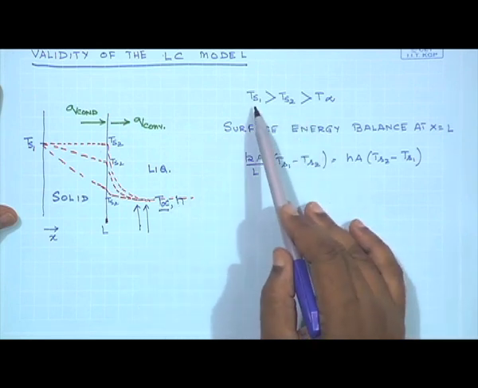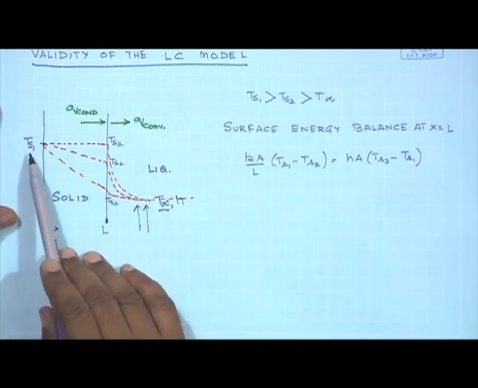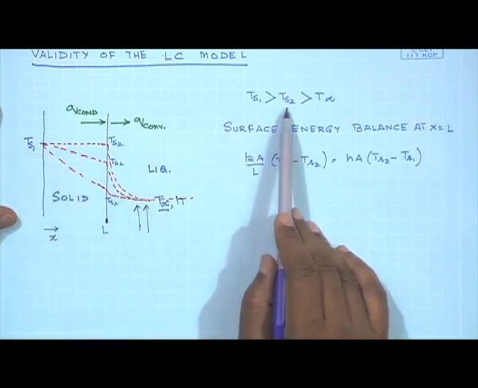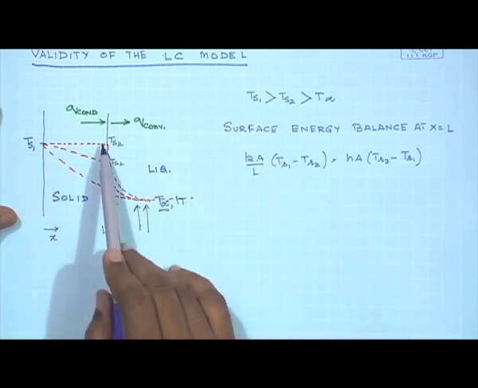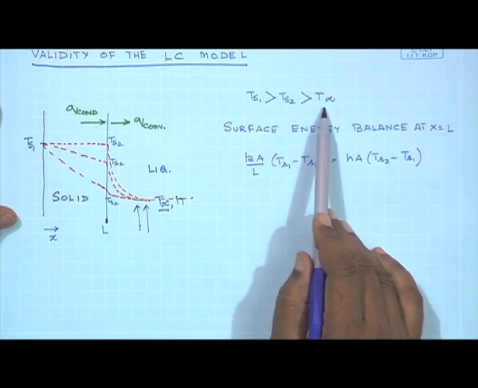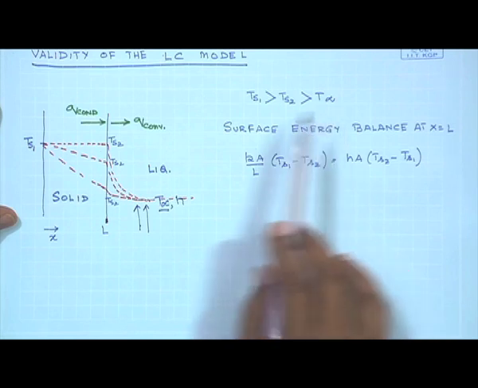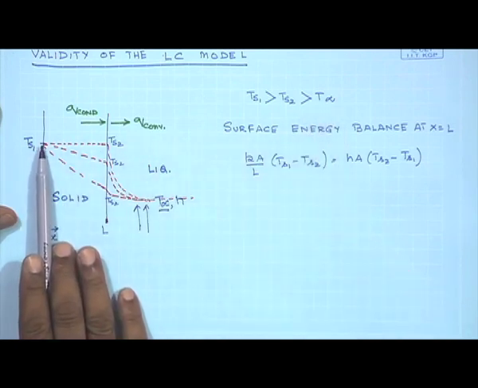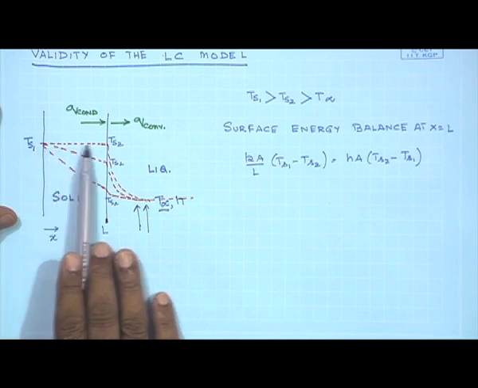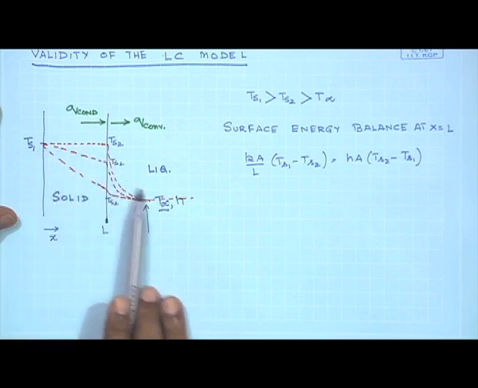And it is further assumed that Ts1, the temperature at this location, is more than Ts2, the temperature at the interface, and it is greater than T infinity.